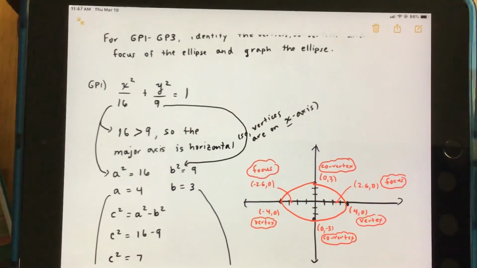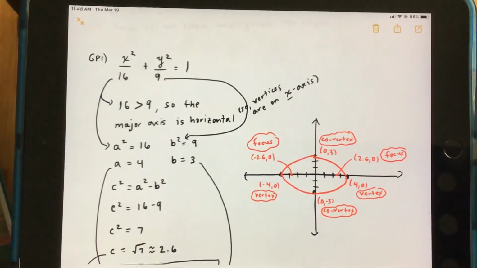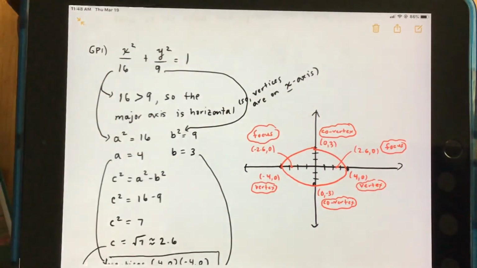Okay, let's step through the process for how we get this graph, because the graph actually comes after you figure out information about your A, B, and C points. So first of all, we notice for this particular equation that underneath the x squared, we have the bigger of the two numbers, 16 and 9. That means this is the x squared over a squared plus y squared over b squared equals 1 equation.